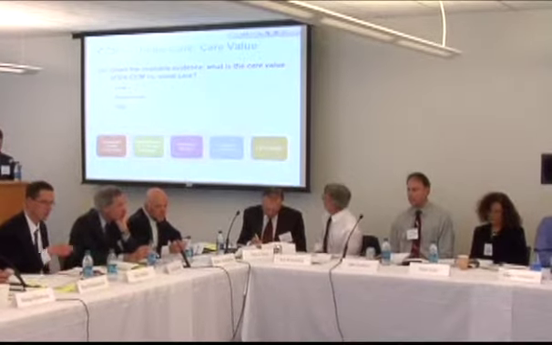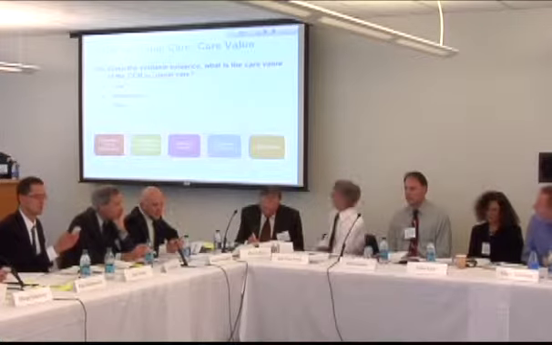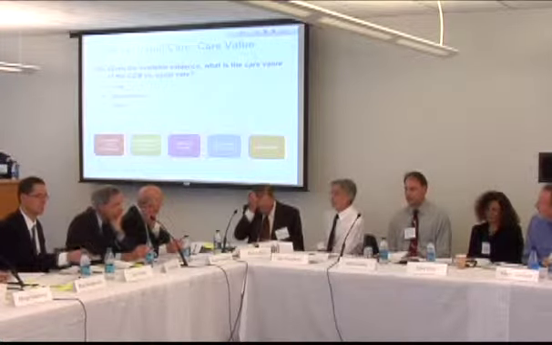Okay, so we're going to have our first care value question. Low, reasonable, or high? Give you a chance to jot down your thinking on your little sheet to capture your thoughts and vote.